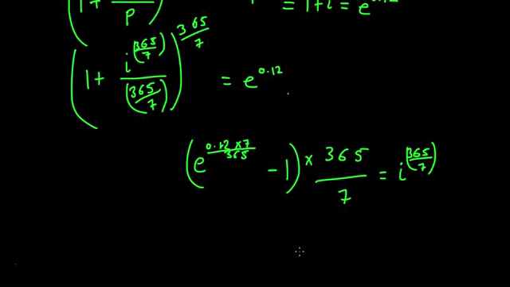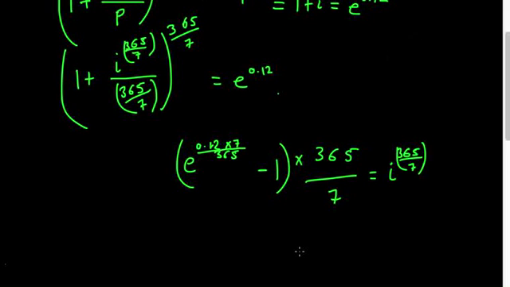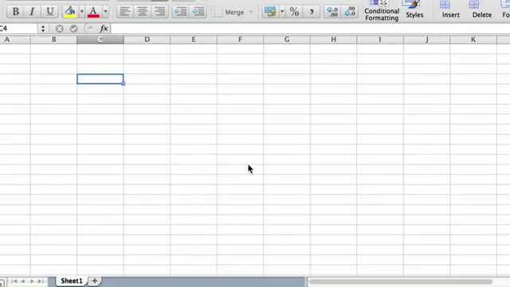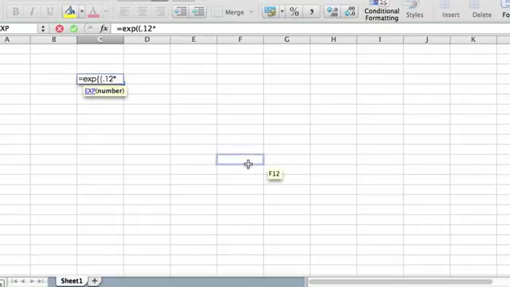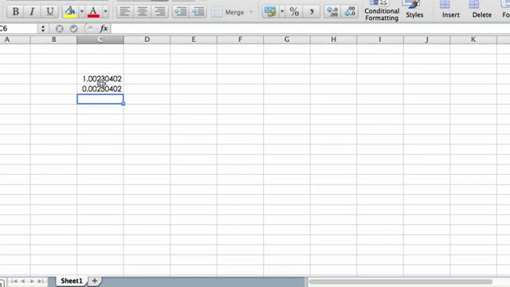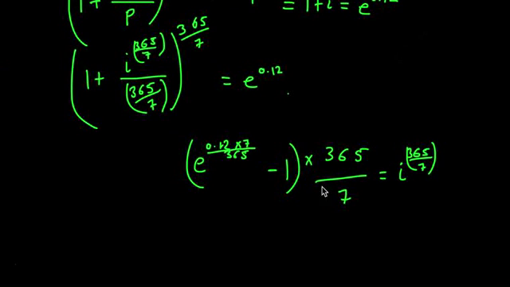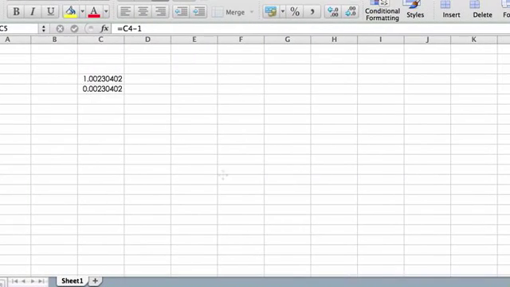I'm going to use Microsoft Excel to do that. Here we go: the exponential of 0.12 times 7 divided by 365 is that bit there. It'll equal that minus 1. So this number is what's inside these brackets, and now we just multiply it by 365 over 7.